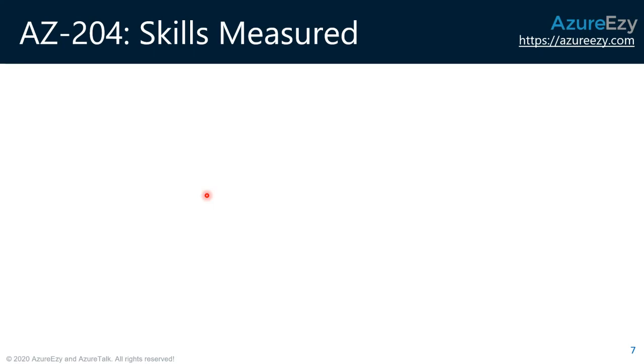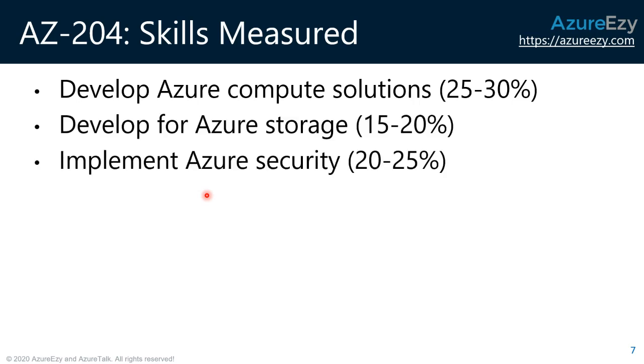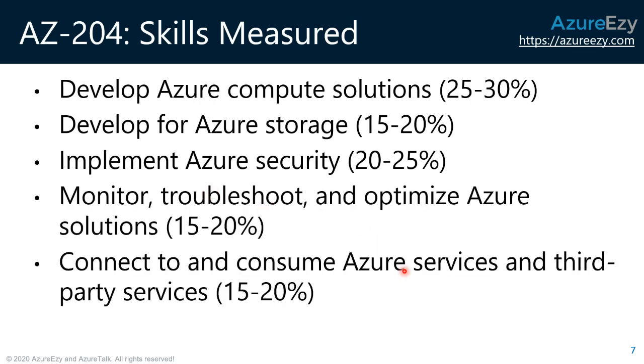If we talk about the skills measured in this certification, it's a developer certification path. So you have to develop Azure Compute Solutions, Azure Storage Solutions, Azure Security, monitor, troubleshoot, and optimize Azure solutions, and connect to and consume Azure services and third-party services. These are the major topics that you need to cover for this certification.